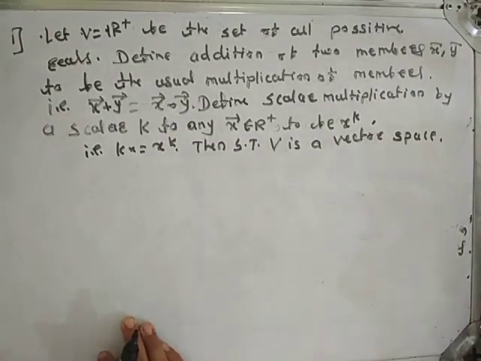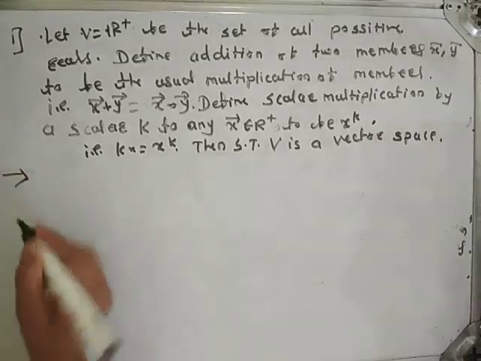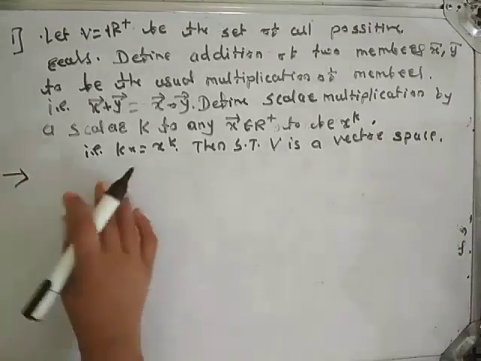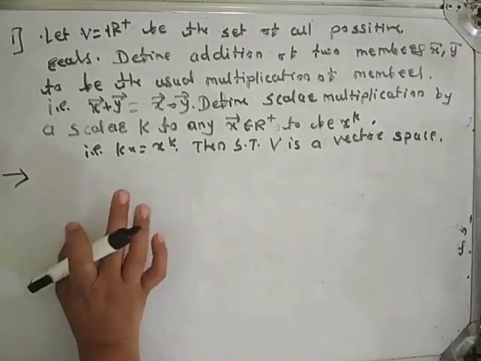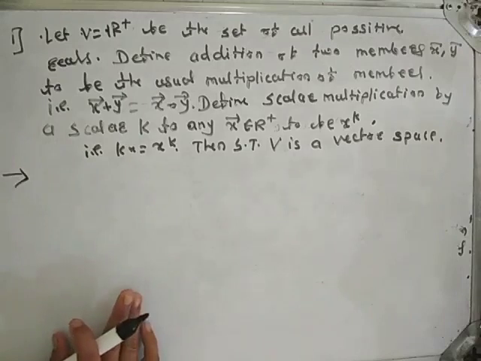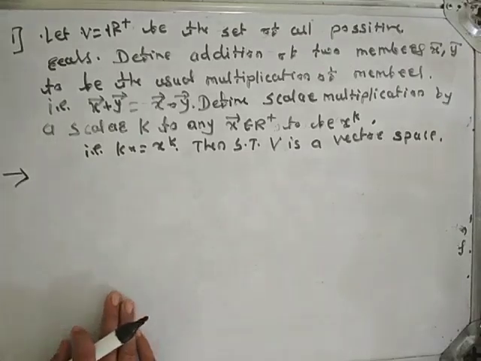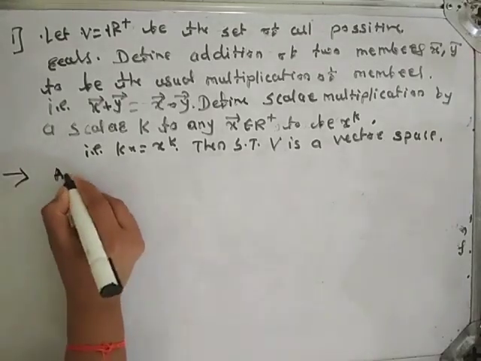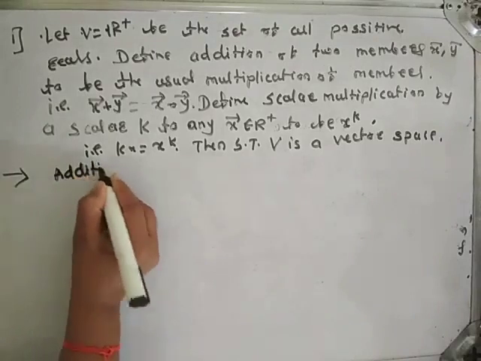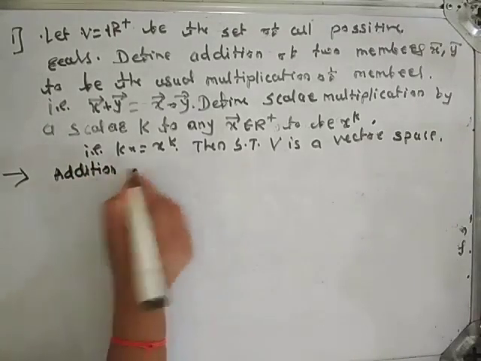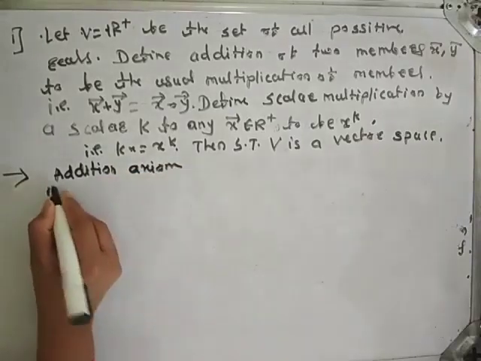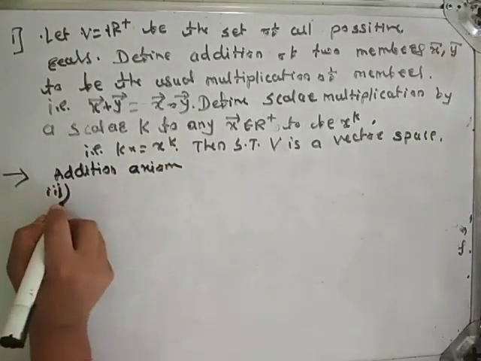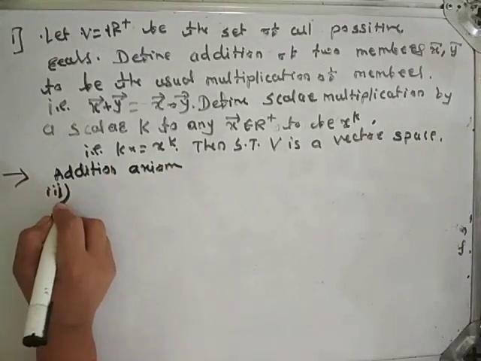Okay, students, see here, this is homework to verify the closure axiom, addition axioms and scalar multiplication axioms. Here I will only prove the third addition axiom, the existence of zero vector.